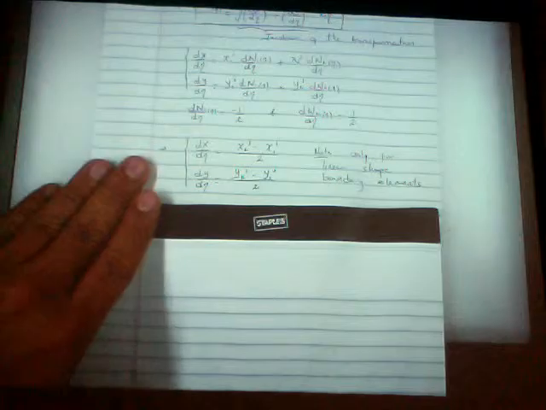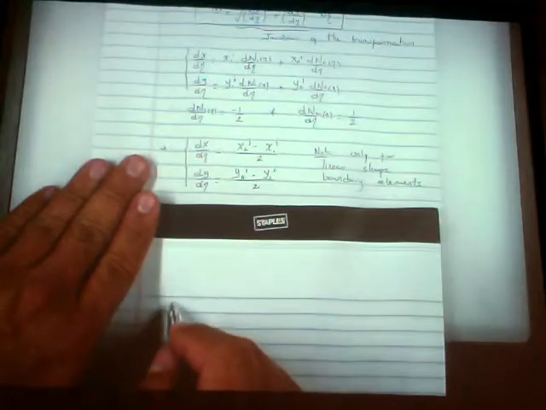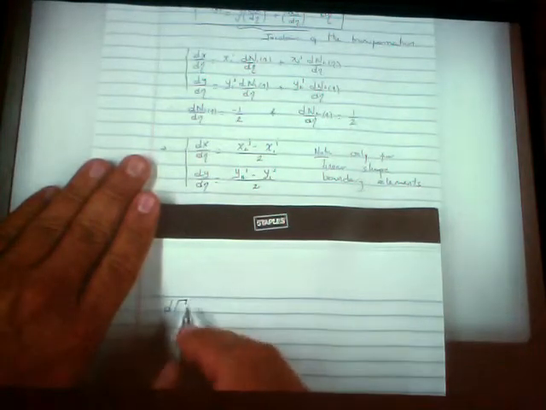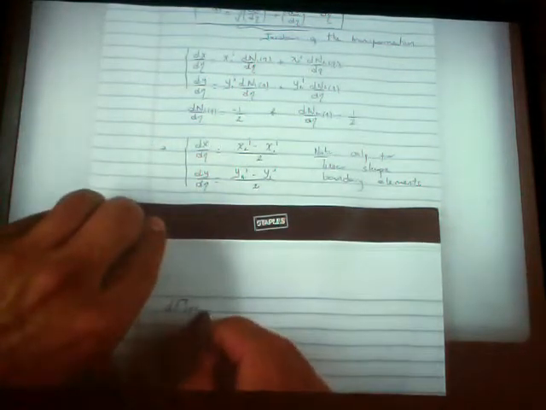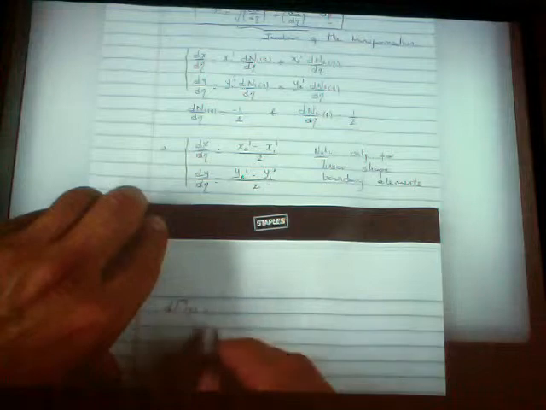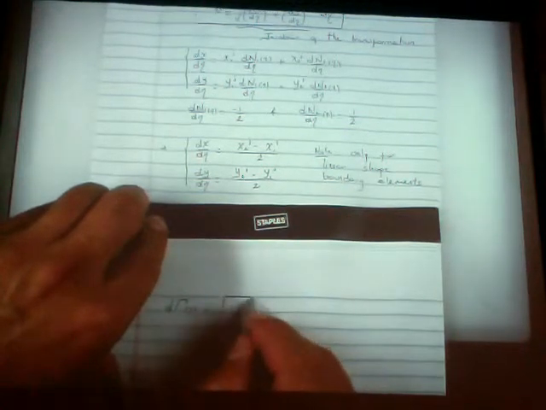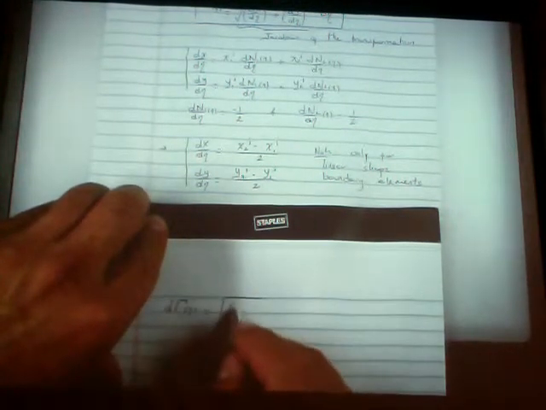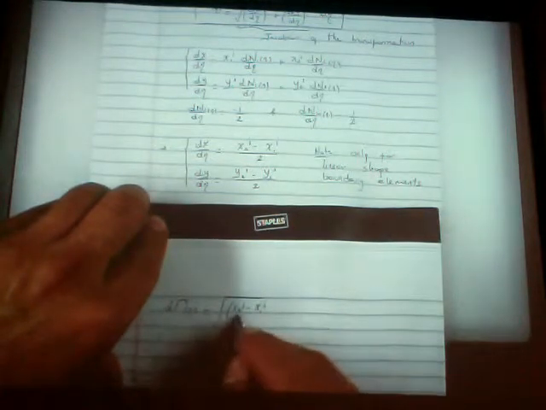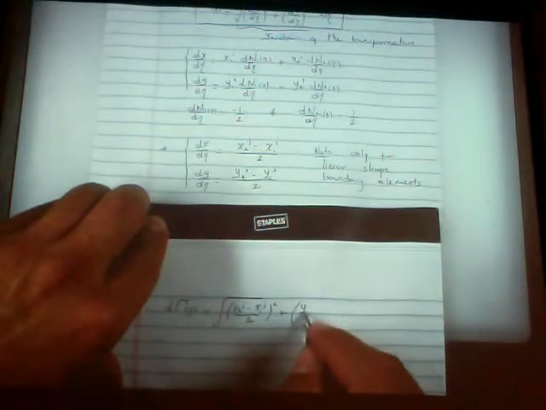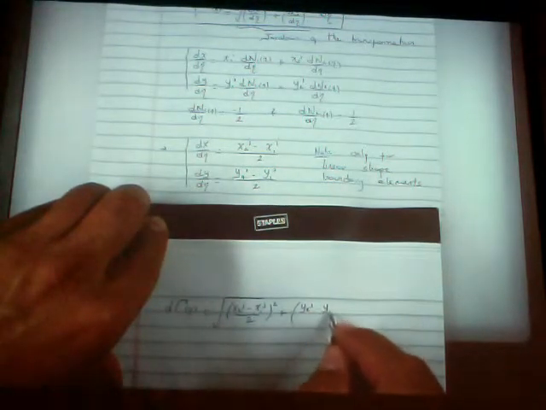All right. So basically, we go back to that Jacobian. So the differential of boundary is equal to the square root of dx d eta, which is x2j minus x1j divided by 2, squared, plus y2j minus y1j divided by 2, squared.